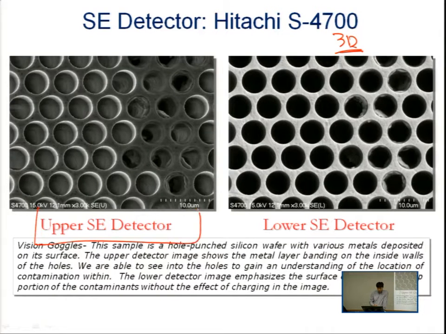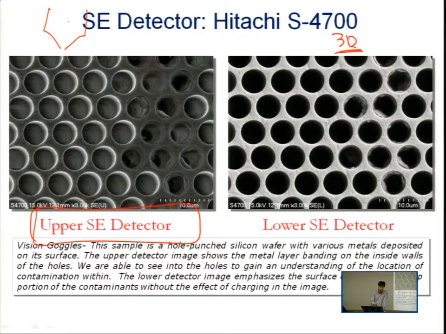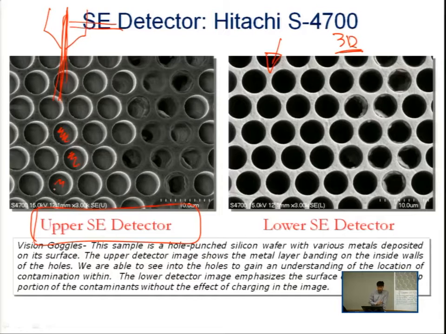So this is an image made using only the secondary electron detector installed inside the column. It collects all the secondary electrons coming vertically up the column. So with this kind of cavity structure, we can see the bottom of the cavities pretty well.